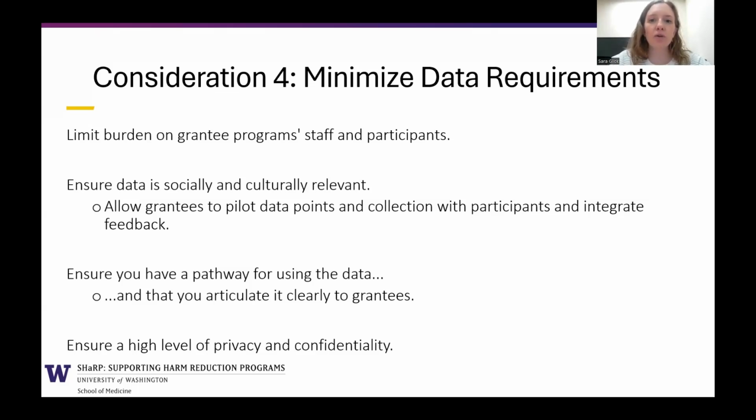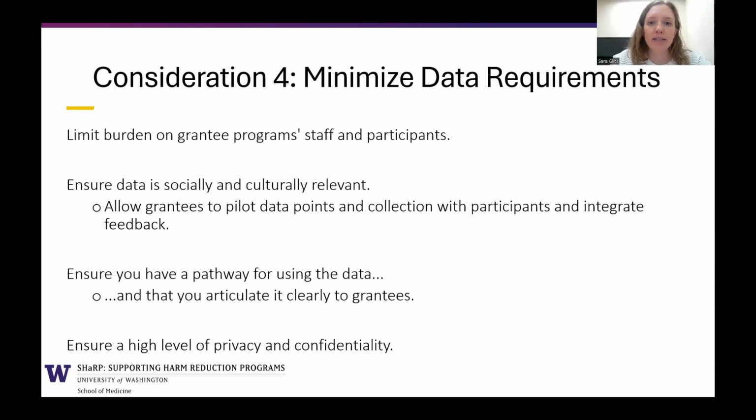We know that the local context across programs across the country can vary greatly, so what's acceptable to ask in one place might not work in another. So it's really important to allow grantees to pilot data points with their own participants and then integrate feedback about what worked in their context.